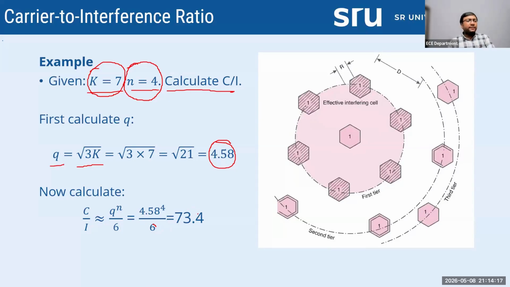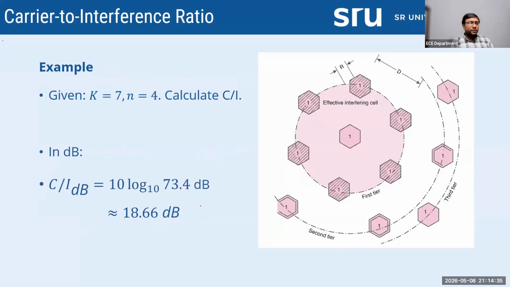Now, whenever some carrier to interference or signal to noise ratio comes, or we are comparing the signal powers in the form of a ratio, it is an engineering standard to convert this into decibel. Now, how to convert this into decibel?